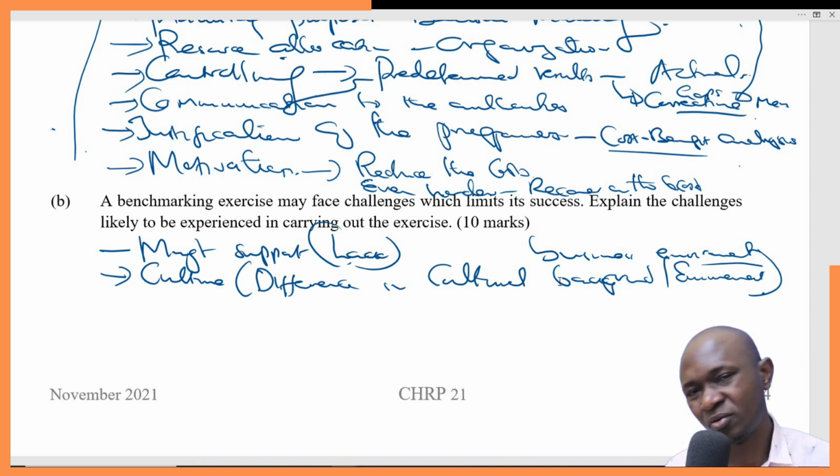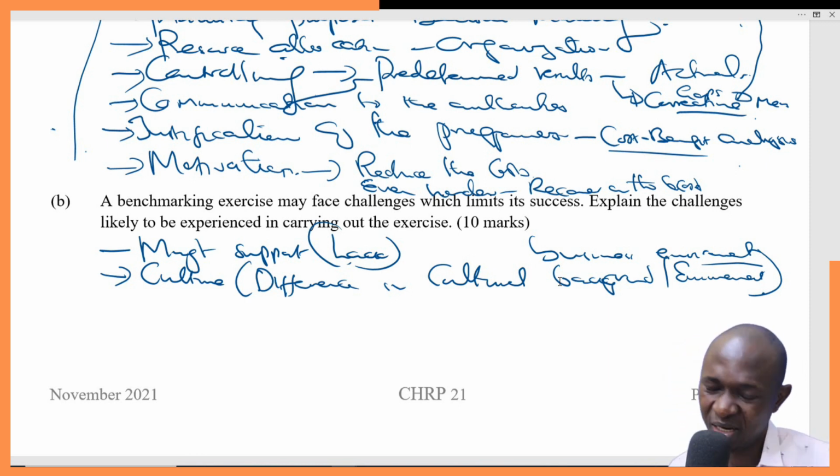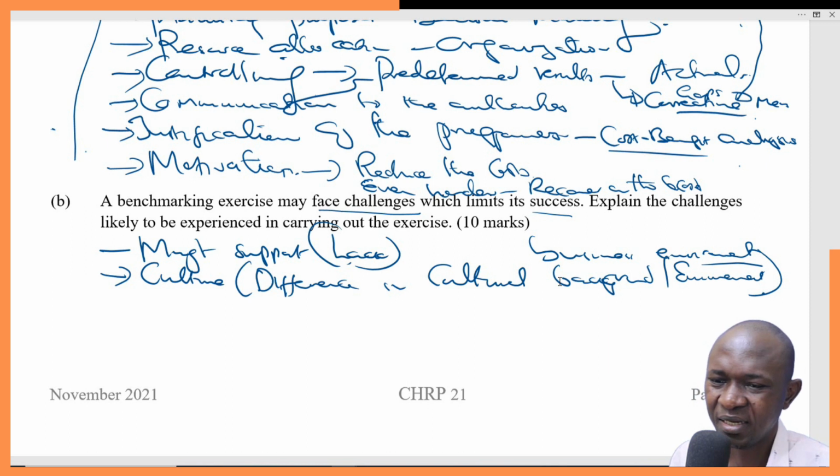Even if you want to implement what you found there in environments that are totally different, that might be a challenge. So yes, different environments might be a challenge, which will limit the success of a benchmarking exercise.